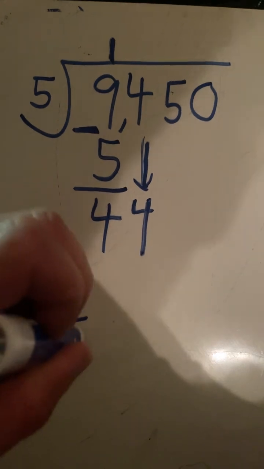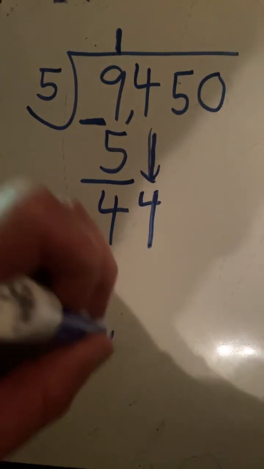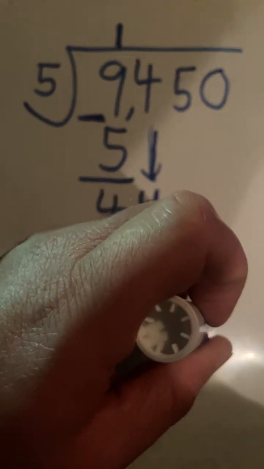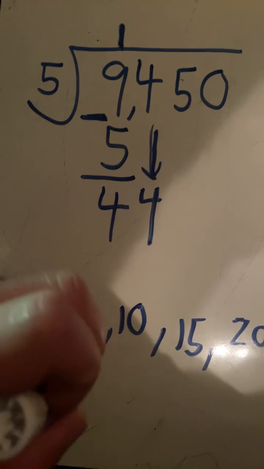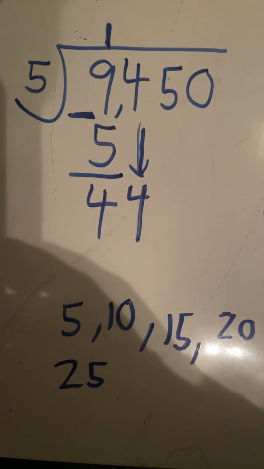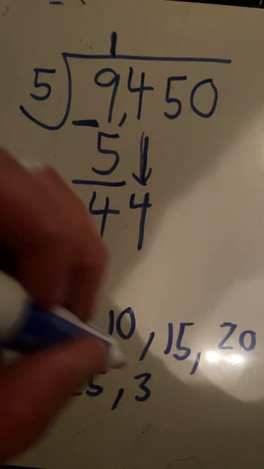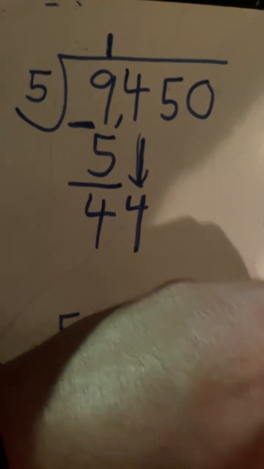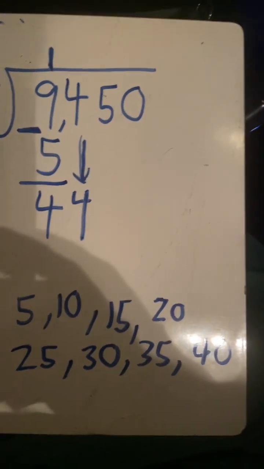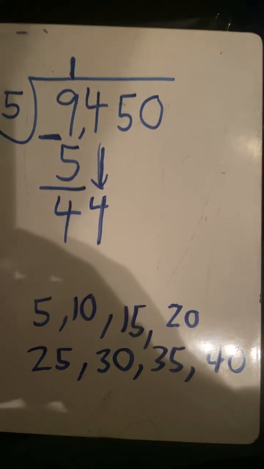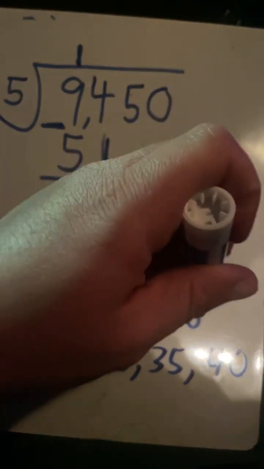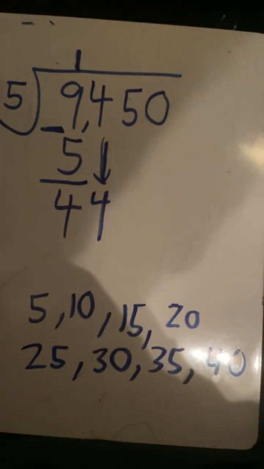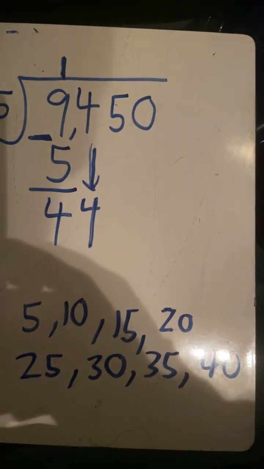Here we go. 5, that is one group of 5. 10, 2 groups. 15, 3 groups. 20, 4 groups. 25, 5 groups. 30, I'm at 6 groups of 5. 35, 7 groups. 40, 8 groups. So I ended up counting by 5, 1, 2, 3, 4, 5, 6, 7, 8 times. I was able to get 8 groups of 5 within 40.